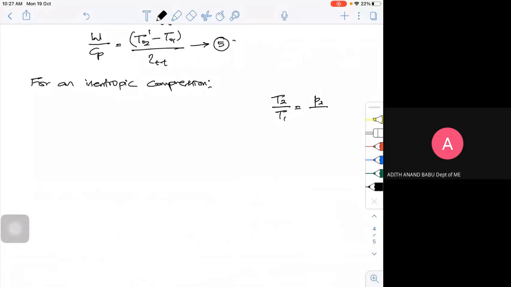This is the expression we had in our thermodynamics.